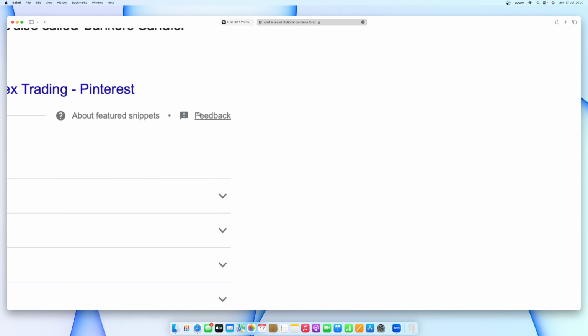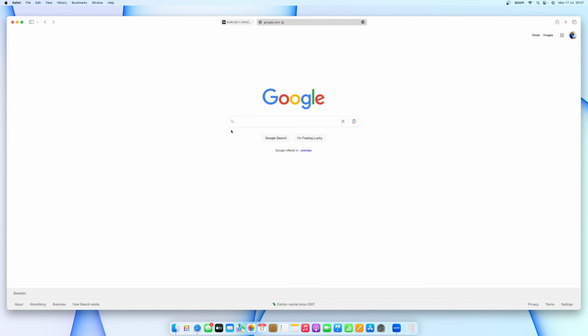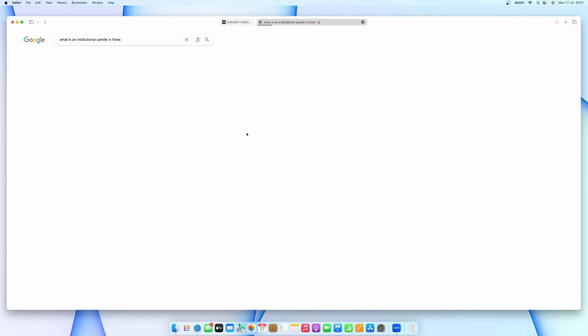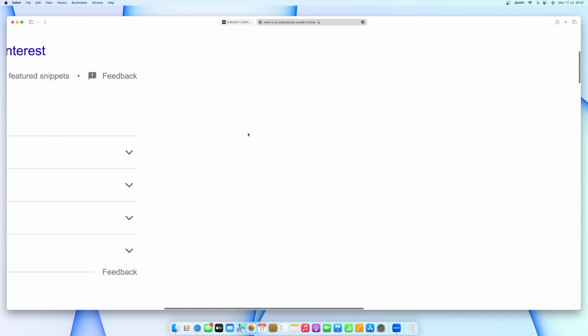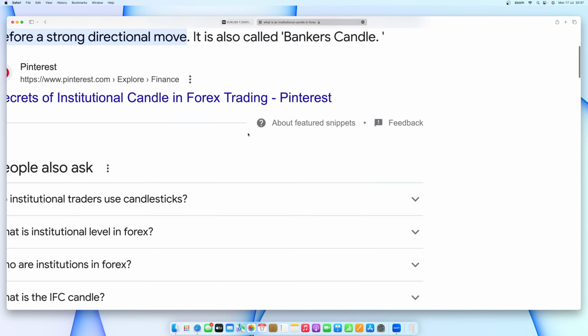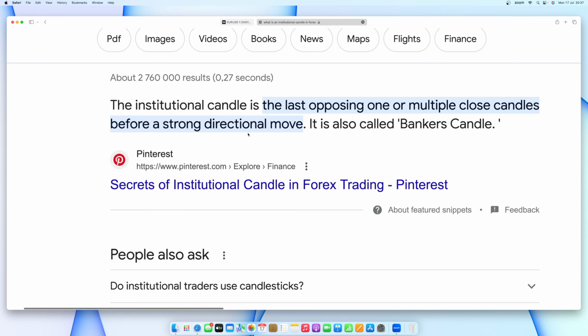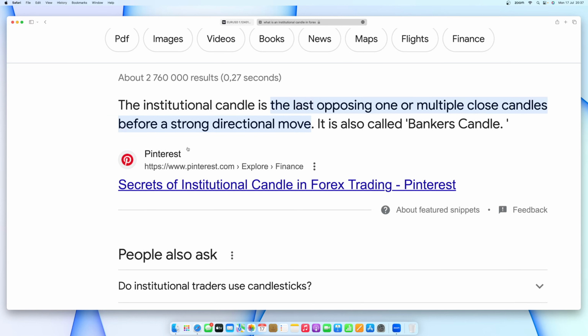So look at the definition we got. Sorry about that, let me bring this up again. You can see the definition according to Pinterest says the institutional candle is the last opposing one or multiple close candles before a strong directional move.